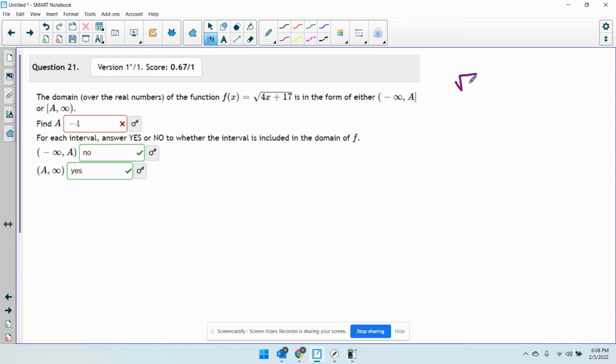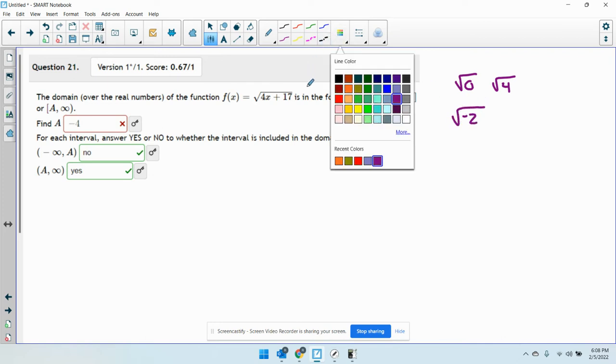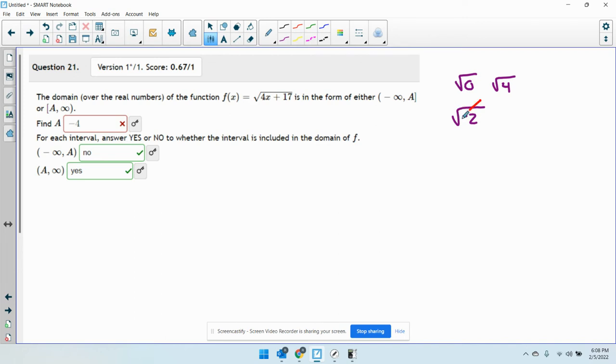Because you can take the square root of 0, you can take the square root of a positive number, but you can't take the square root of a negative number. This is no-go. So whatever's inside there has to be greater than or equal to 0. So whatever x is, 4x plus 17 has to be greater than or equal to 0. That's the rule.